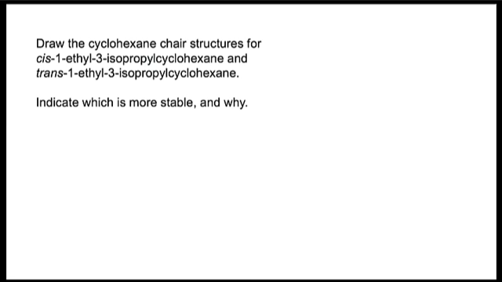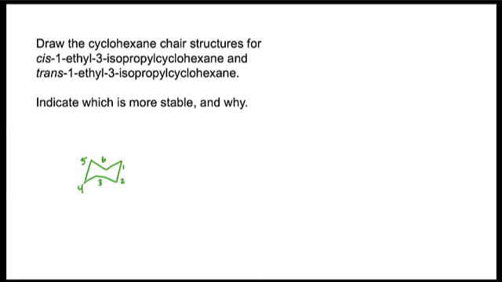The next problem asks us to draw cyclohexane chair structures for cis 1-ethyl 3-isopropyl cyclohexane. So I'll just start with my chair this time. On carbon number 1, I have an ethyl group. On carbon number 3, I have an isopropyl group.